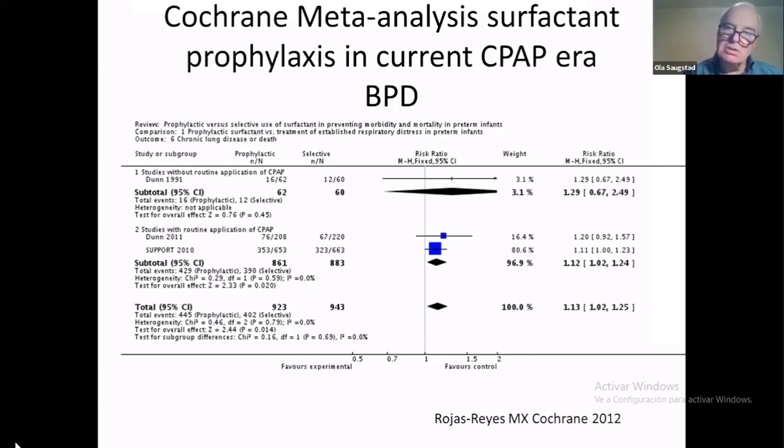There seems to be a shift, because 20 years ago, around the turn of the century, everybody agreed that we should give surfactant prophylactically. But then after this review, showing that there's a better outcome if we give it selectively on the indications.